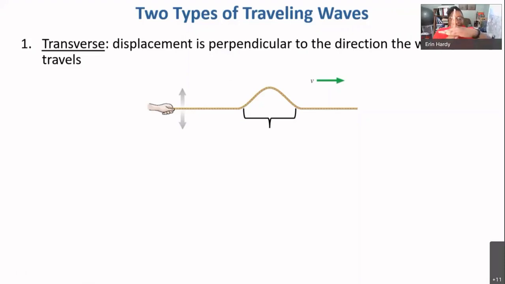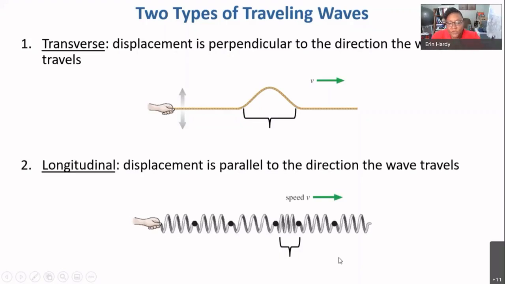If I'm moving my hands up and down and my wave is propagating toward my webcam, and I were to move my hand this way, my finger and the palm of my hand are still perpendicular to one another. So those would just be two different looking transverse waves, but they would both propagate away from the point where your hand makes contact with the rope.